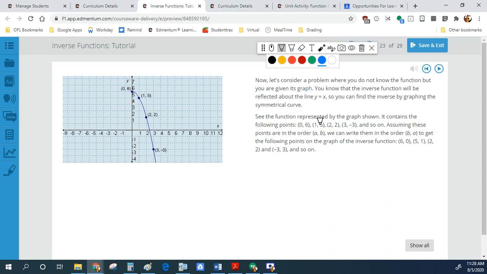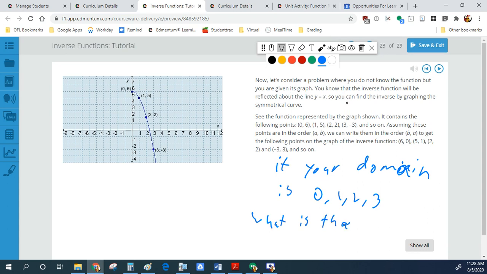Yeah. So if there's a question like that on the mastery test, it's like, well, what are your points going to be? There might be something like this. They might say, if your domain is 0, 1, 2, 3, what is the range of f inverse of x?